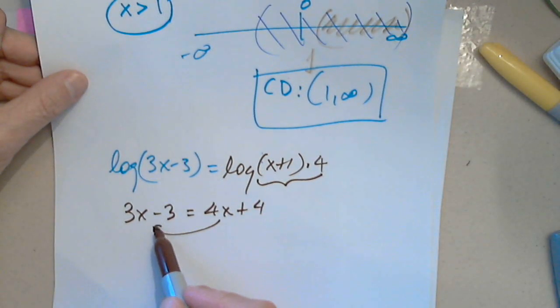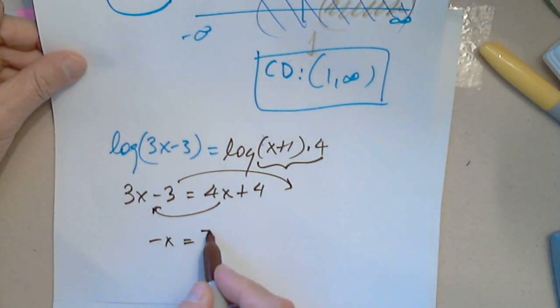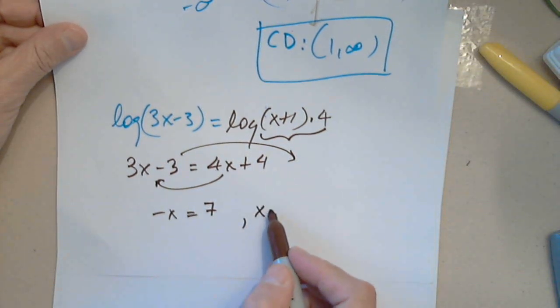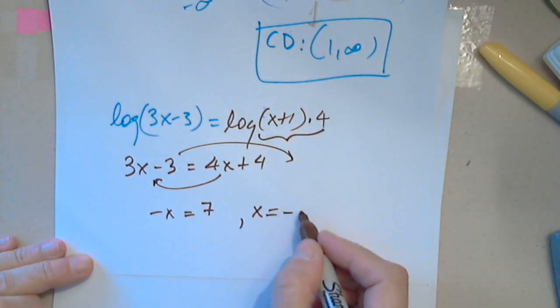I want x on one side and no x on the other. So negative x equals 7. How much is x? x equals -7.